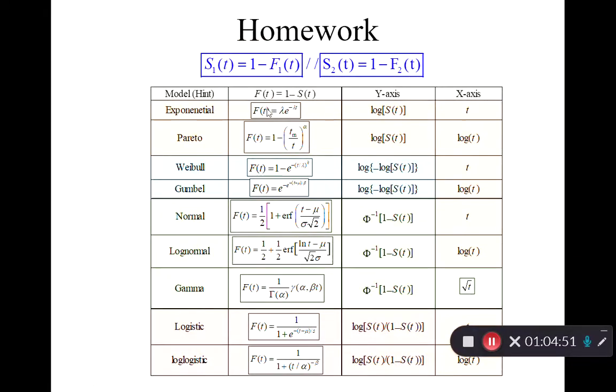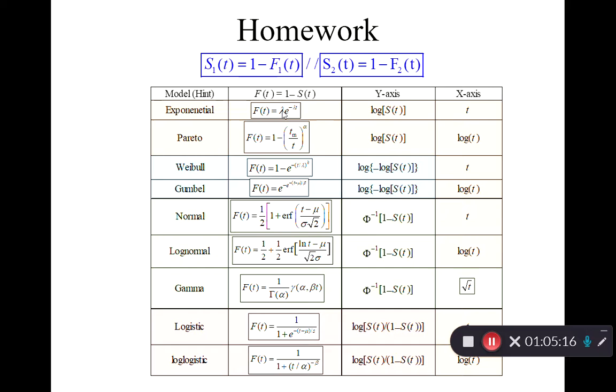First thing first, can you generate FT versus t given a lambda value? Can you do that for the exponential? Plot, find a t from 0 to 100 or 0 to whatever, and then define a lambda value.